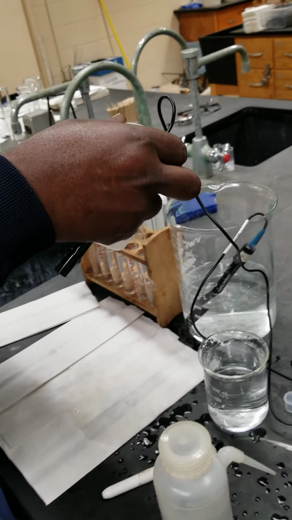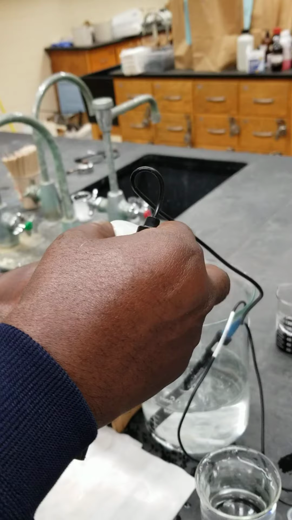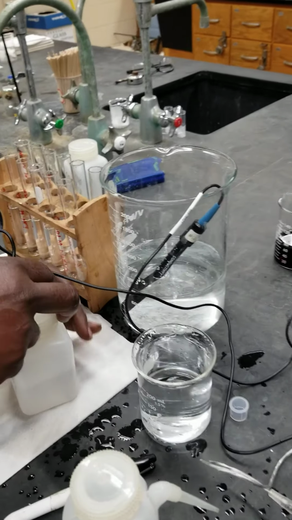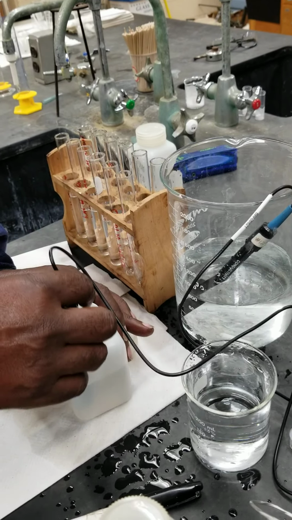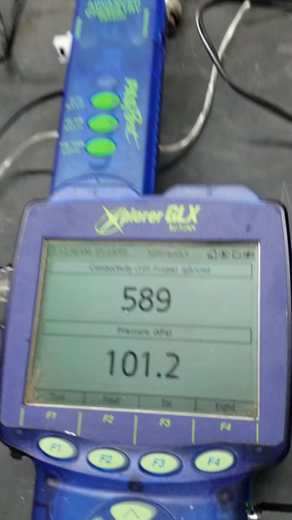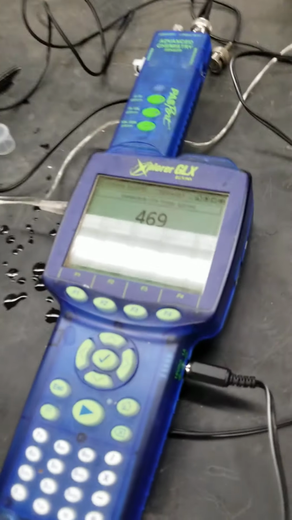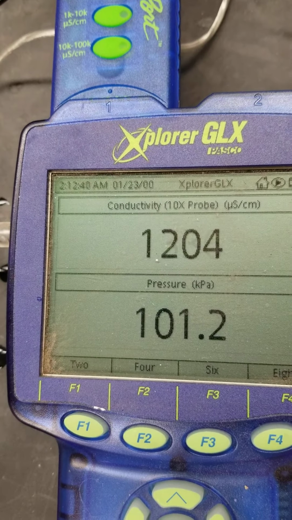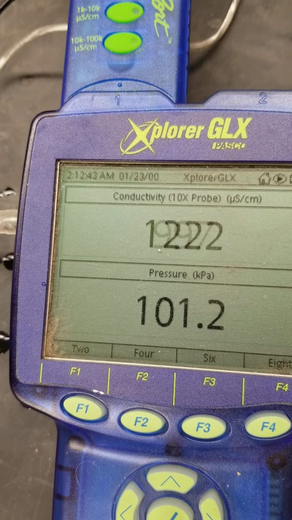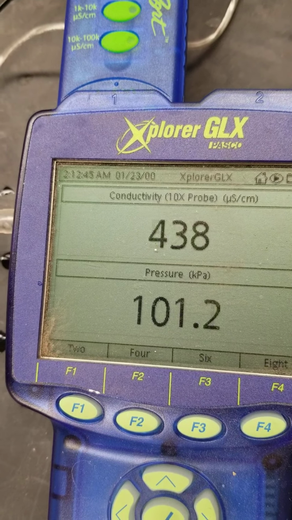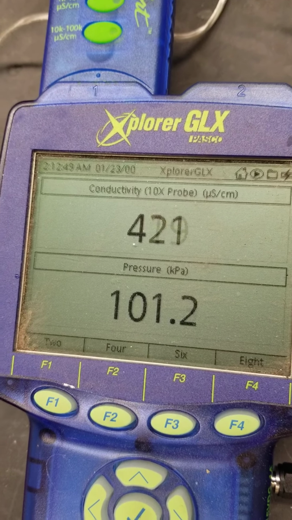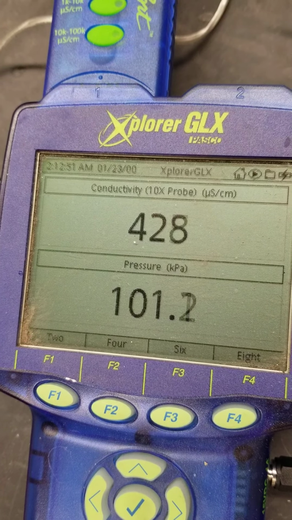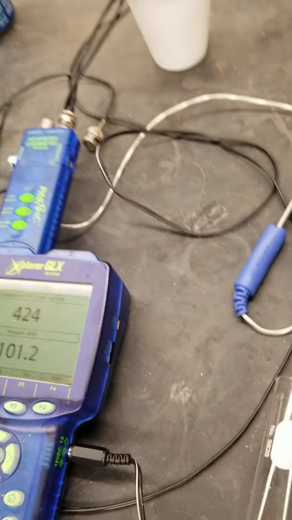Sodium perchlorate, NaClO4, sodium perchlorate, 0.001 molar. So we're looking in this case at the effect of charge. These are +1, -1. Let's read that as 415. 415.